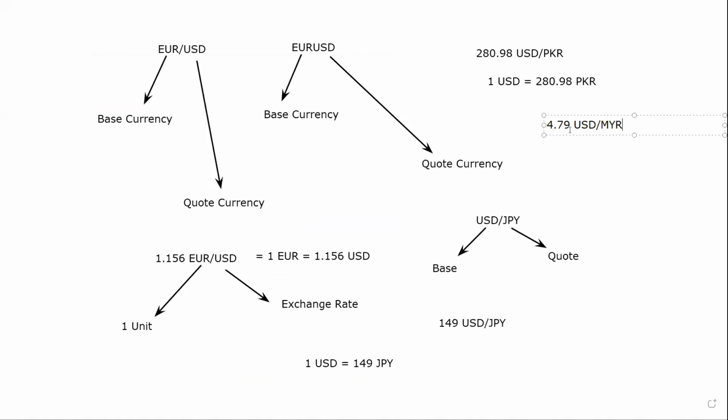As I told you earlier, if we have a 4.79 exchange rate of USD MYR, which is Malaysian ringgit, the unit of the base currency is always one, and the value of the quote currency is the value of the exchange rate. So this is one, and the value of this one is the value of the exchange rate. How are we going to write it? We're going to write it like this: one US dollar, which is the base currency, is equal to 4.79 MYR. This is how you should interpret the quote and base currencies.